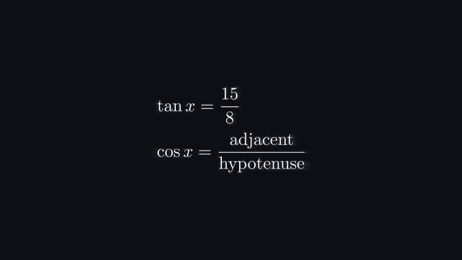Cos of x equals adjacent over hypotenuse. Adjacent equals 8. Hypotenuse equals h.